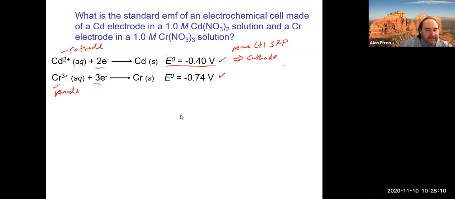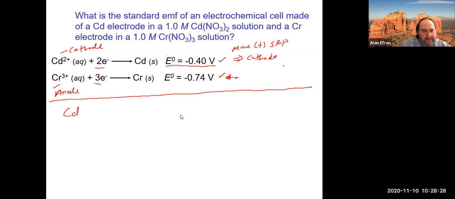So what that really means is, technically speaking, this reaction for our chromium is not really written right. And technically speaking, we should reverse the reaction. So just to rewrite a couple of things here. Top one is perfectly fine the way it is.